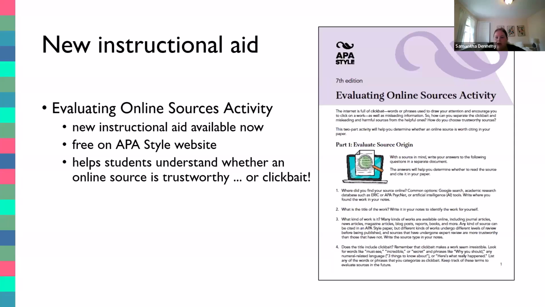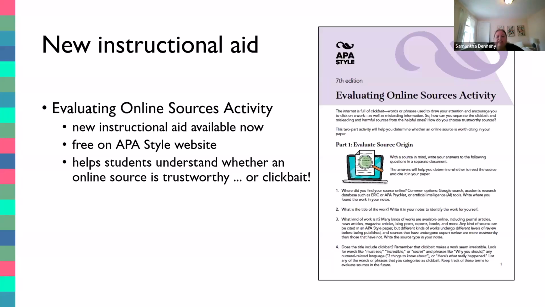It's a free handout on our website, and it's going to help users to evaluate online sources to see if there's something that they should or shouldn't be citing in the first place. So this is going to walk them through, is this clickbait? Is this trustworthy?